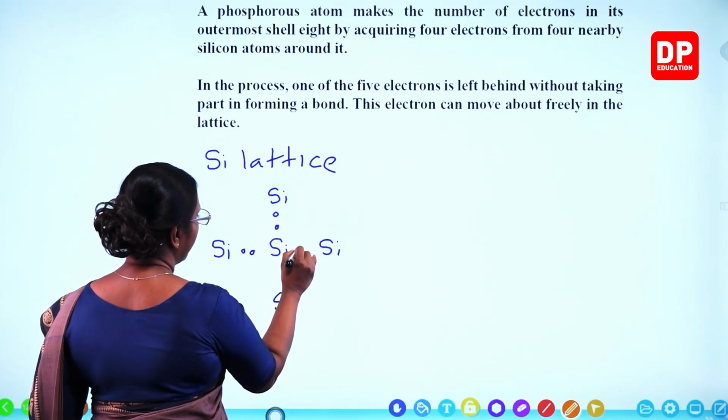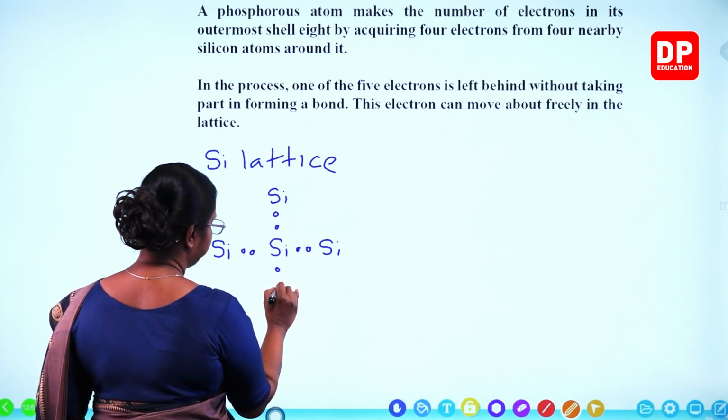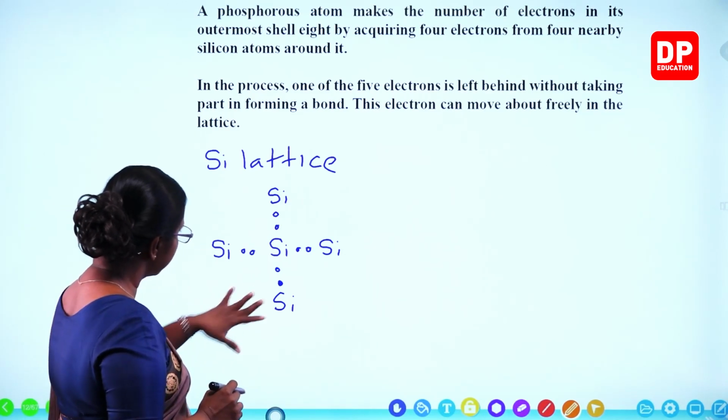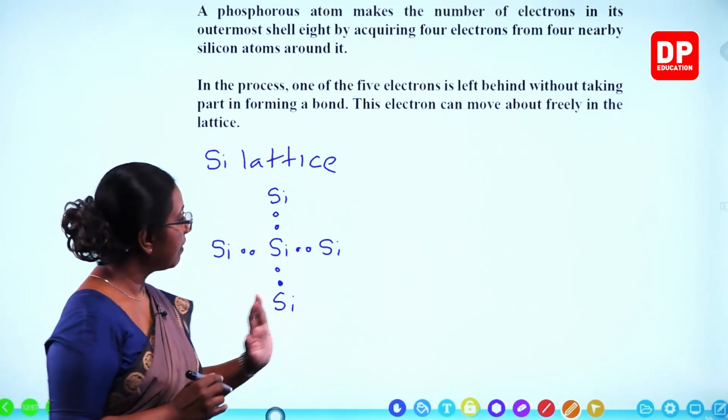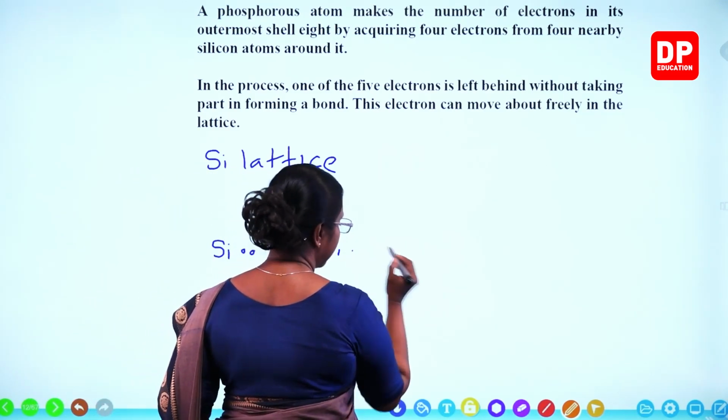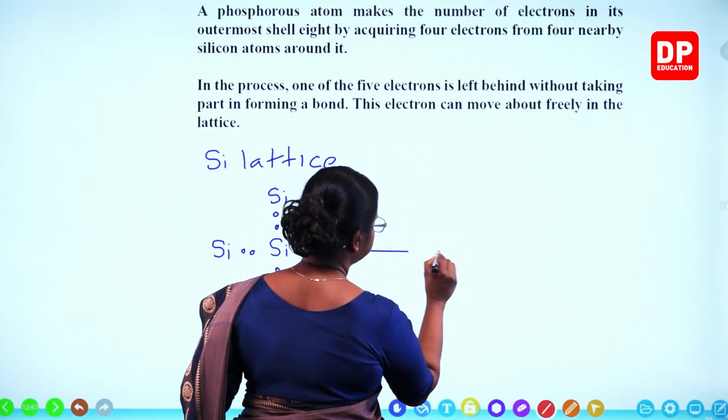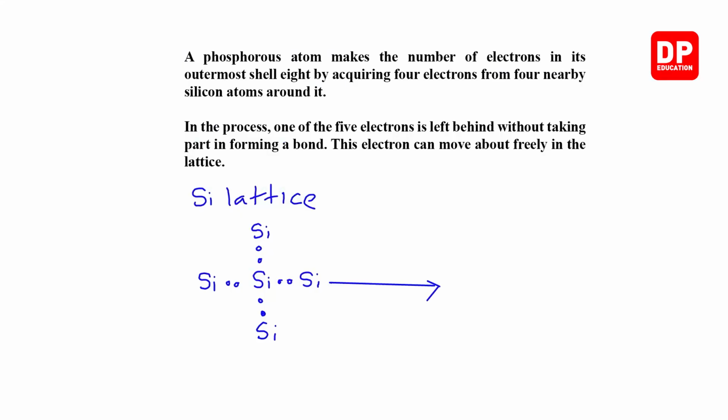So, here all the bonds are there. Now, to this silicon lattice, what we do is we mix another material, a group 5 element.